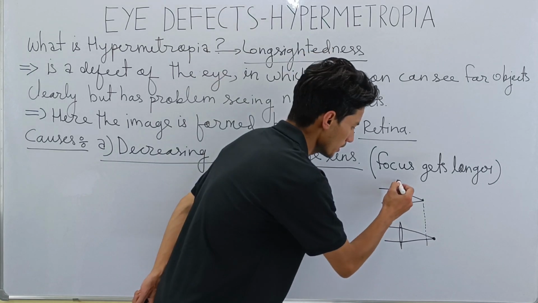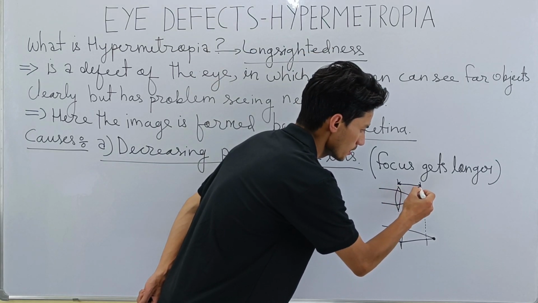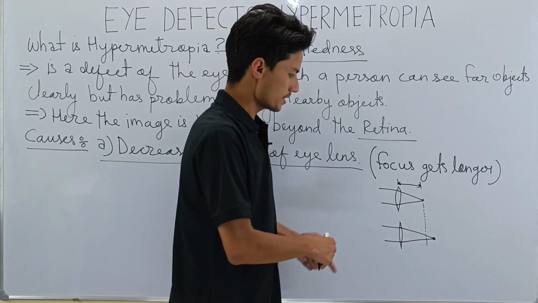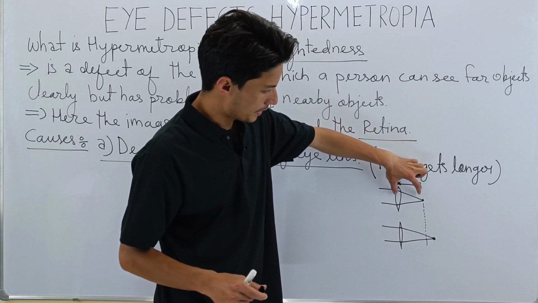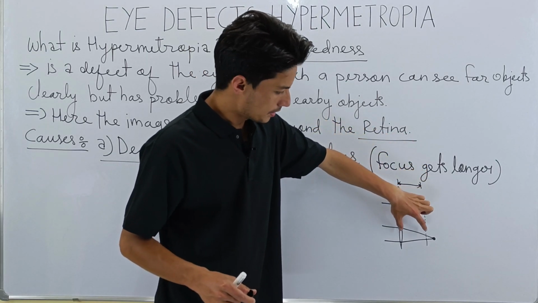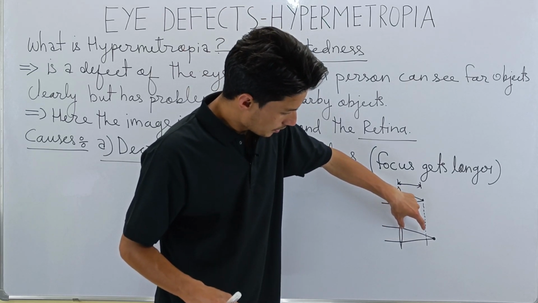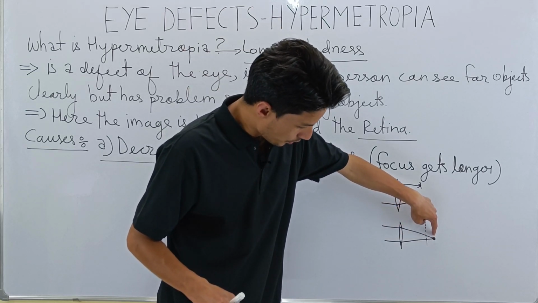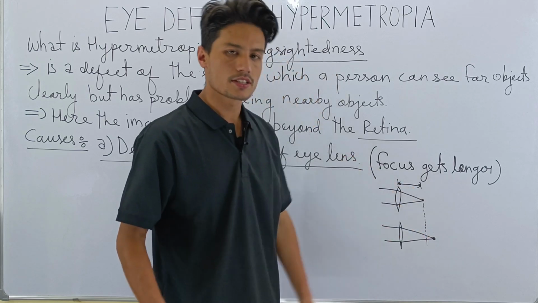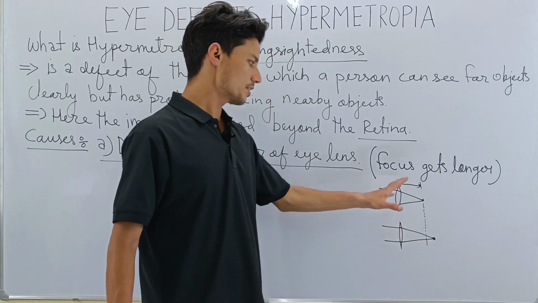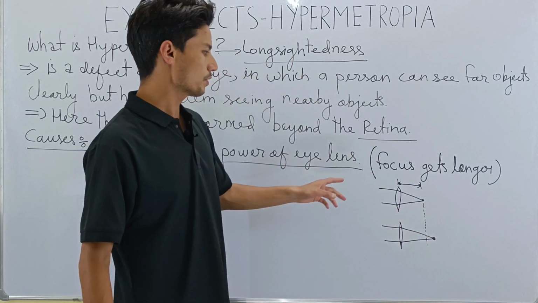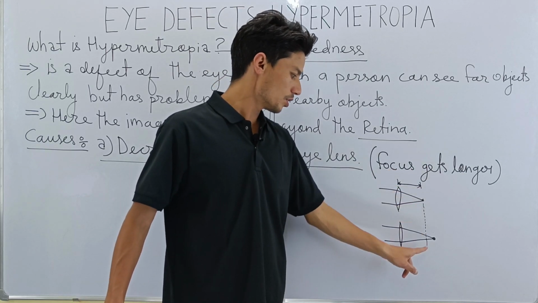Normally at this distance the rays get converged by the eye lens, but in hypermetropia, because of the weak converging power, the convergence is happening at this point. So you can see there is an increase in length. This is basically what is meant by focus gets longer.